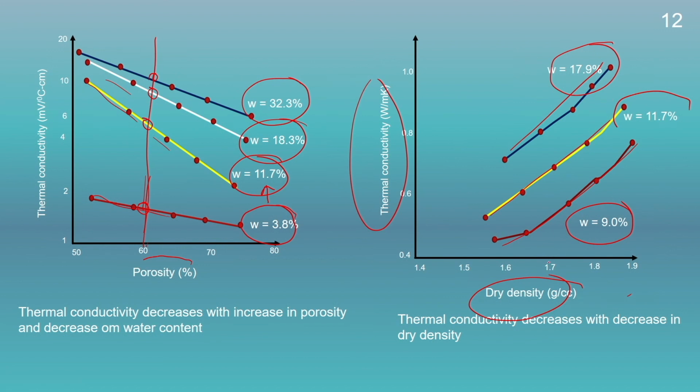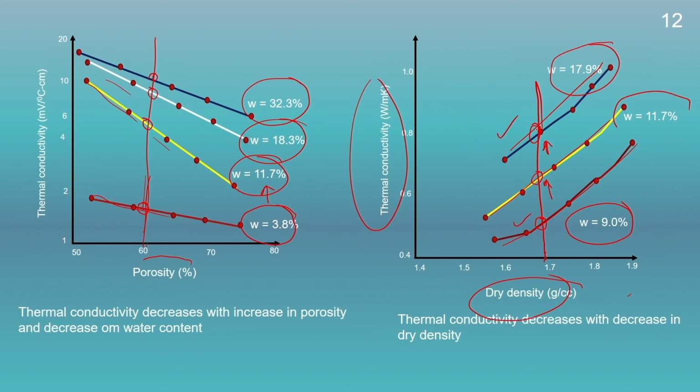Say, for example, if we draw a vertical line to compare the thermal conductivity at a given dry density at different water content, we could see here the void ratio will be the same, but since the water content keeps on increasing here, the amount of water will be higher for this soil in comparison to this.